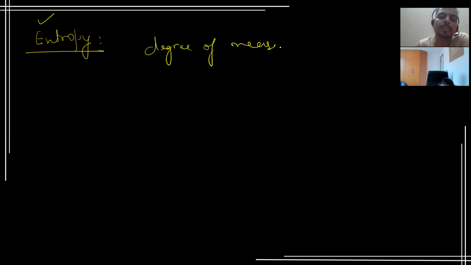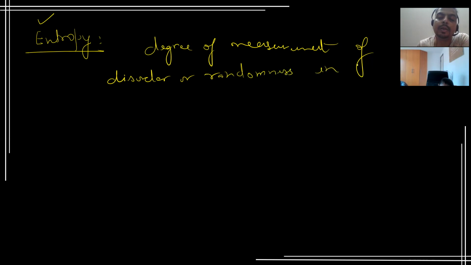So when chaos increases or when randomness increases either in the system or in the universe, that term is called entropy. So entropy generally means it is the degree of measurement of disorder or randomness in the given system.